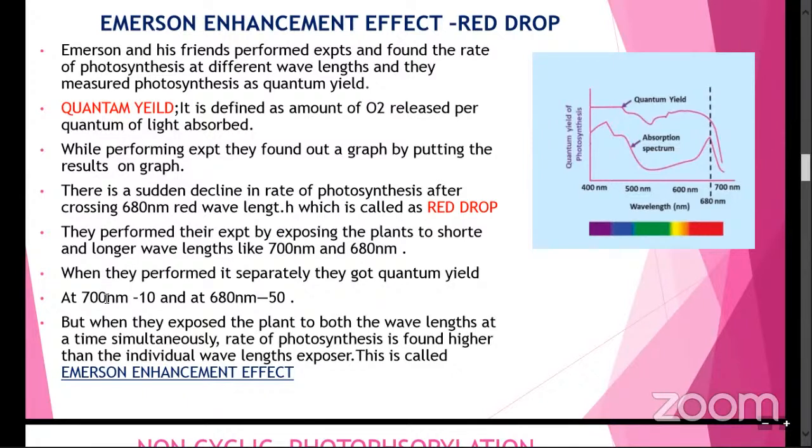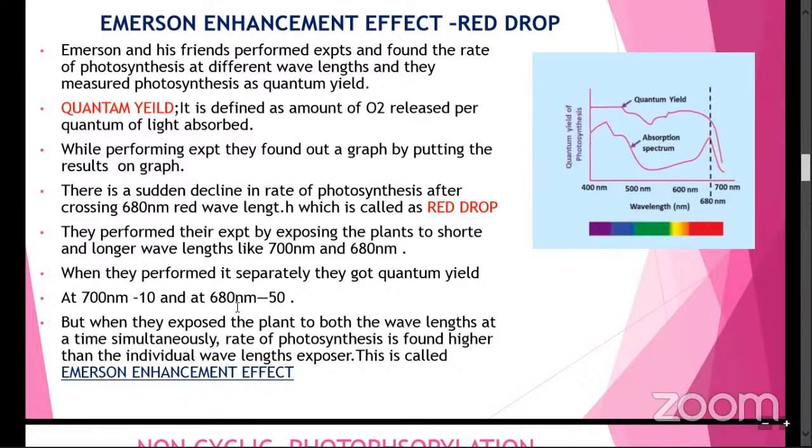That means a shorter wavelength and a longer wavelength, that is 700 nanometers and 680 nanometers. Both the wavelengths were exposed to the same plant at the same time, and they noted the result also.